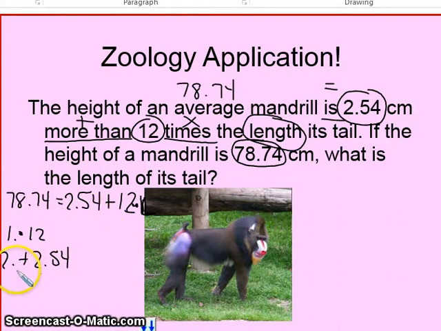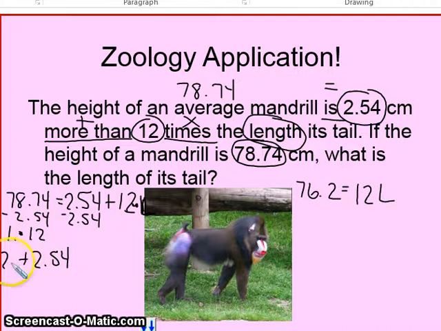So my last step is add 2.54, so my first step in solving the equation is going to be to subtract 2.54. Now 78.74 minus 2.54 is going to give me 76.2. 2.54 minus 2.54 is 0, and so it equals 12L.